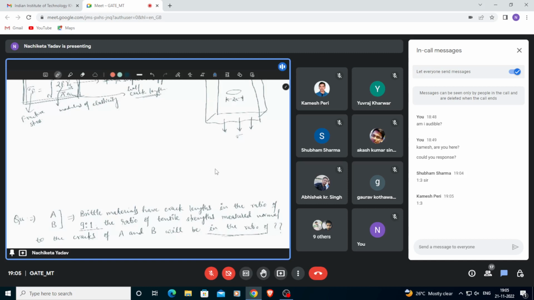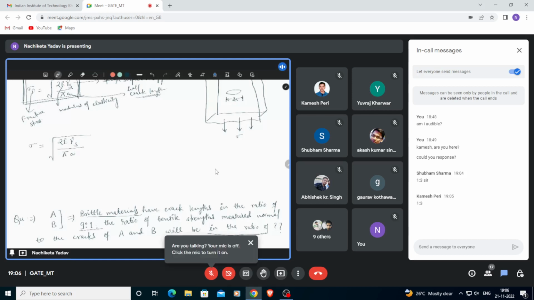See how we will solve. We know it is brittle material, so we'll apply this Griffith criteria. Sigma equals square root of 2E gamma S divided by pi a. So this is the same material and crack lengths are given.